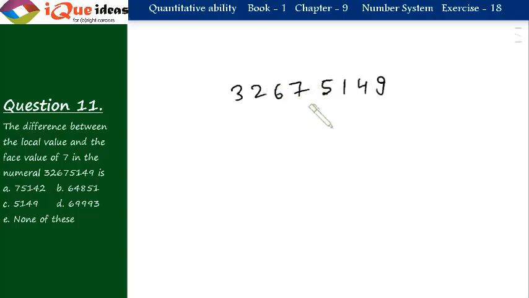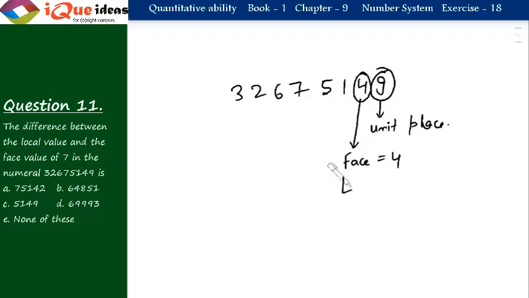Let's see. Look at 9 here. The face value of 9 in this case is 9, and the local value is 9 again, because this is the unit place. Look at this 4. Its face value is 4, whereas the local value is 40, because this is the tens place.